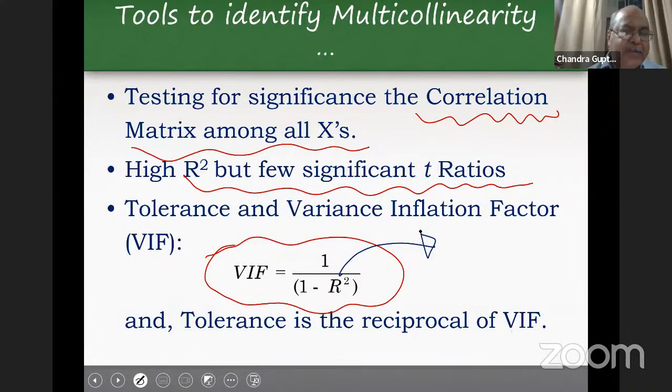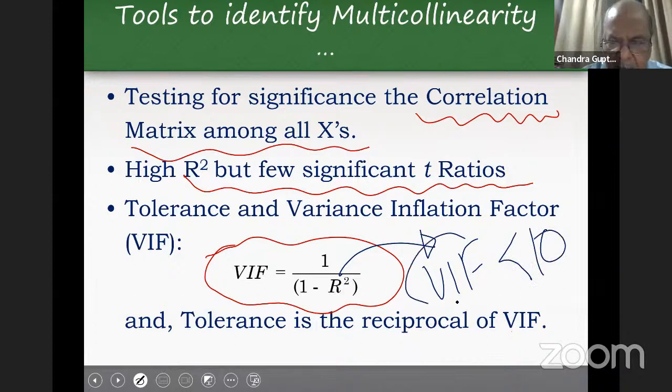Normally people say, as a thumb rule, not any scientific reason, if VIF is less than 10, we should not worry about multicollinearity. Because high correlation creates problems. A low degree of correlation never creates problems. In fact, we can never come across variables in real life which have no correlation at all. Some degree of correlation is bound to be there.